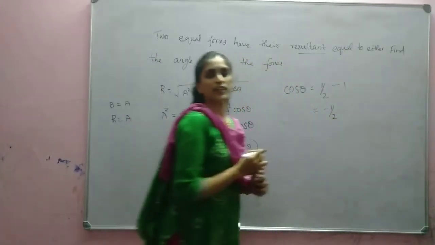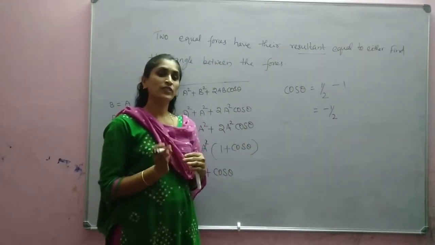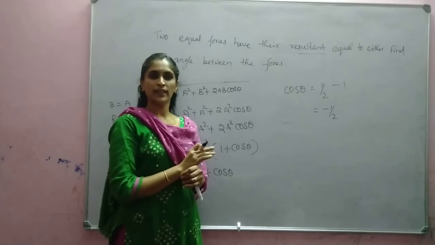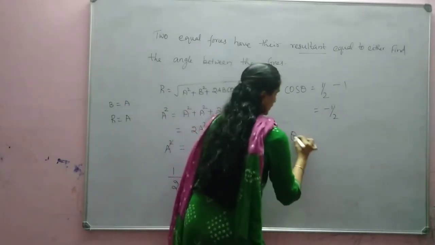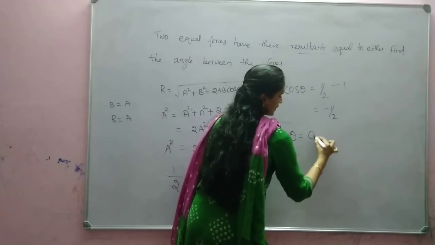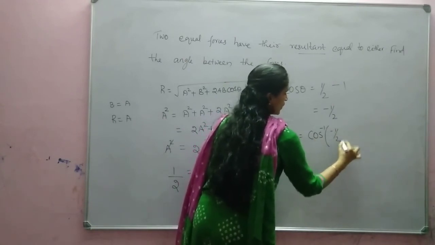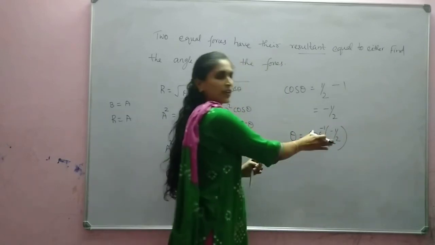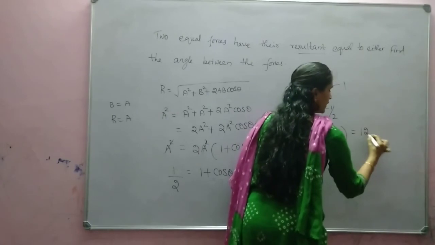You studied trigonometry recently, so you know for which angle cosine gives minus half. Theta is equal to cos inverse of minus 1 by 2, which is 120 degrees.